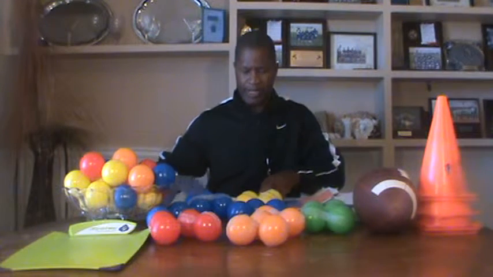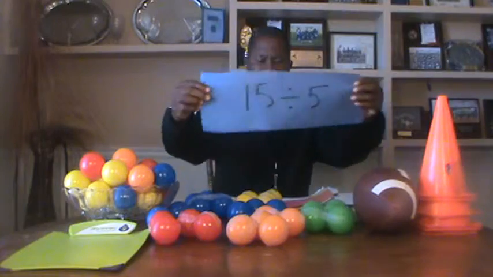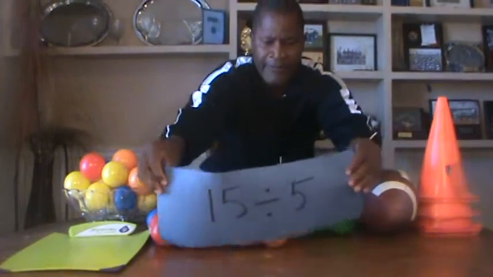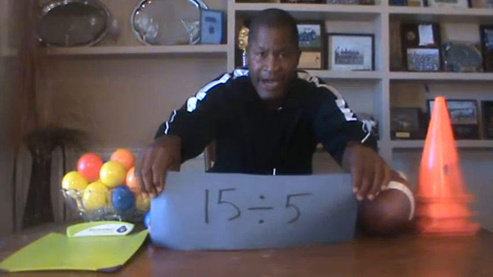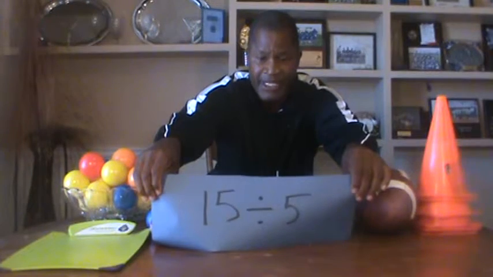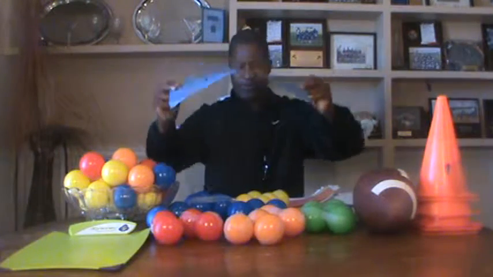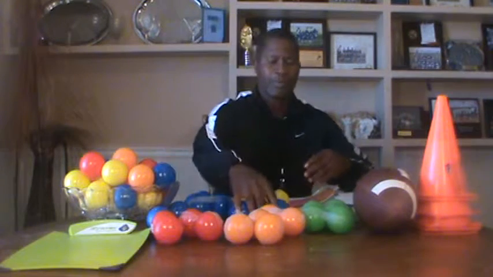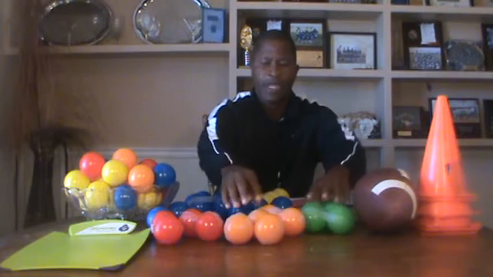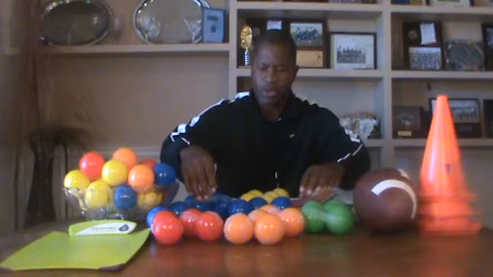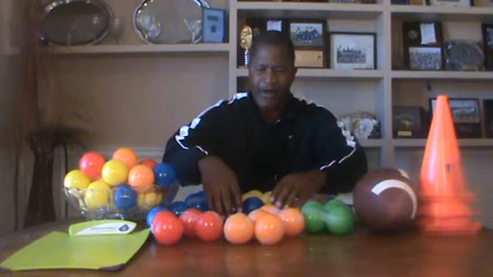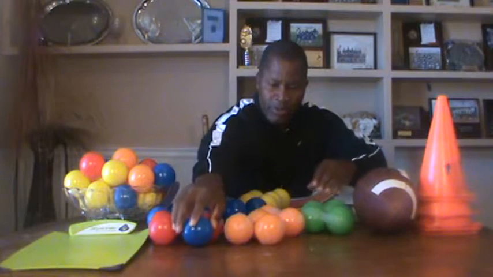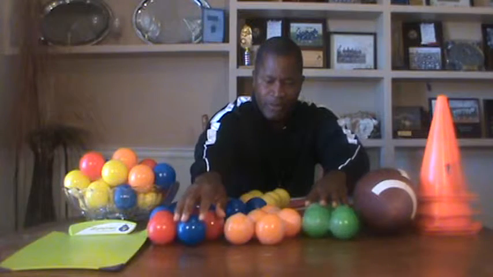The next division problem we're going to do is 15 divided by 5. Now, that's going to come out to 3 groups of 5s. 1 group of 5, 2 groups of 5, 3 groups of 5.